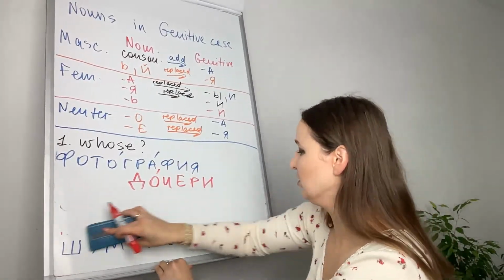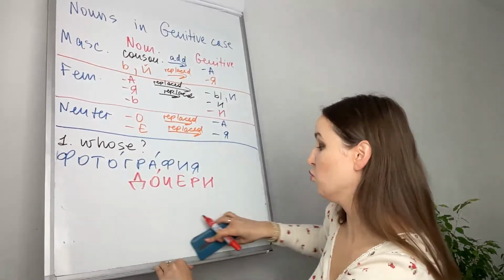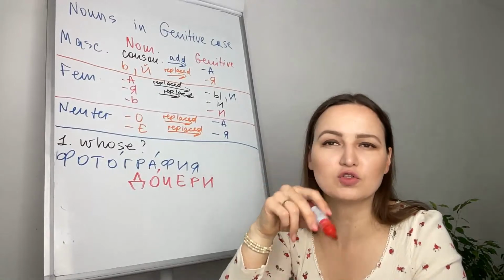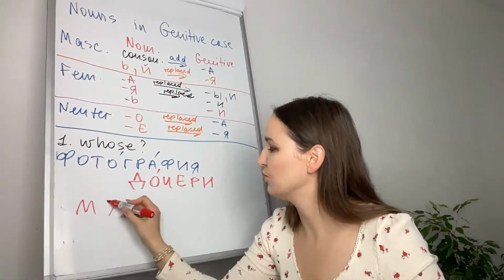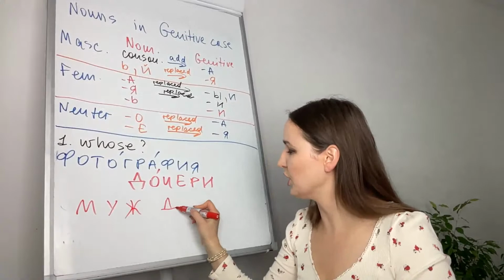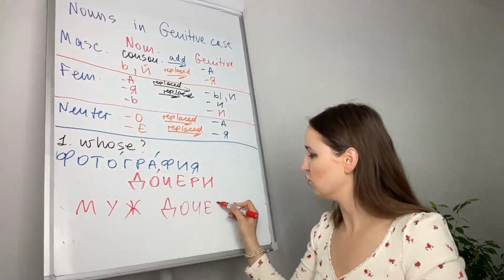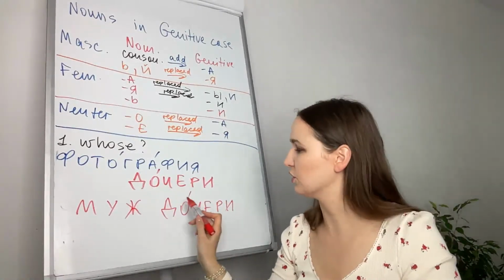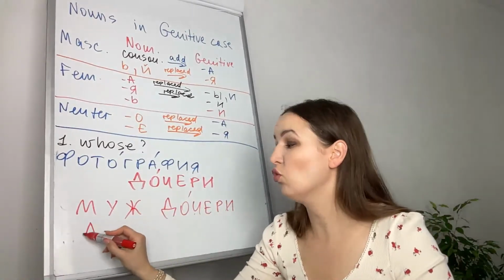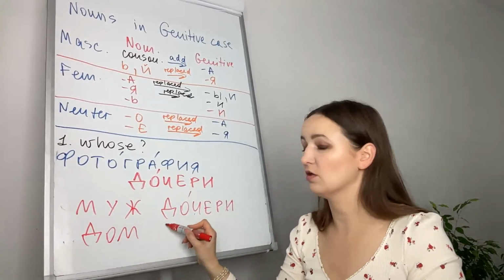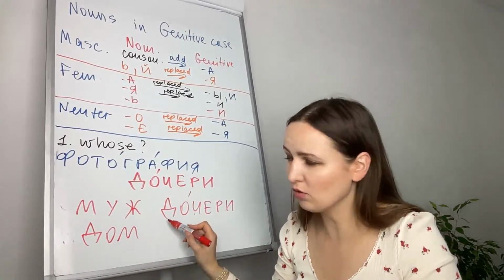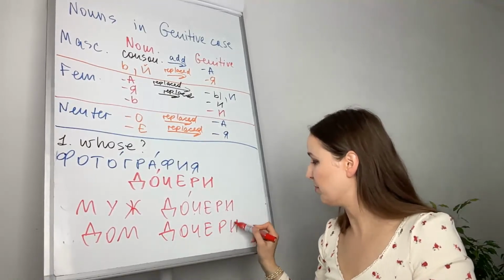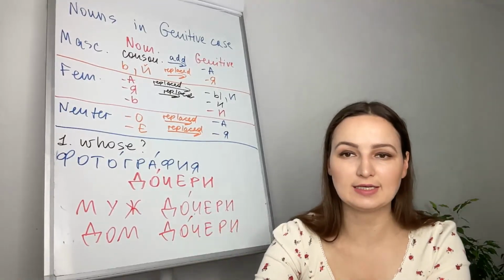Фотография дочери, or муж дочери, my daughter's husband, дом дочери, daughter's house. Дочери is an exception. Memorize it.